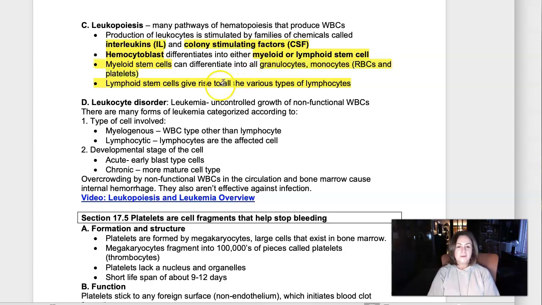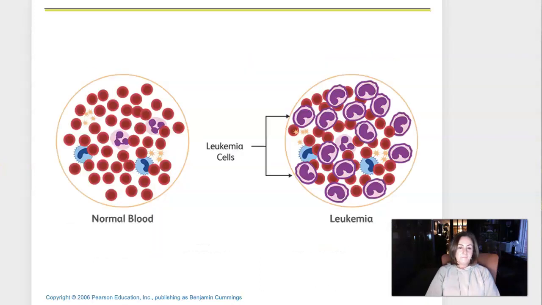And then as far as the disorder that we need to know a little bit about, it is leukemia. Leukemia is uncontrolled growth of non-functional white blood cells. Just to go to the pictures for a minute, with leukemia, depending on the type of leukemia, it would be a different cell and a different stage in that cell's life that proliferates out of control.